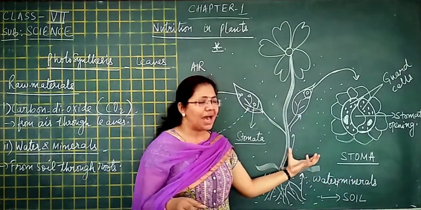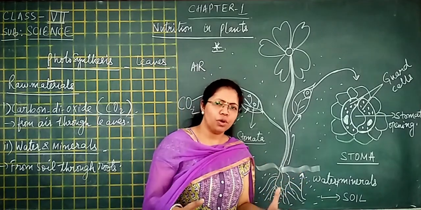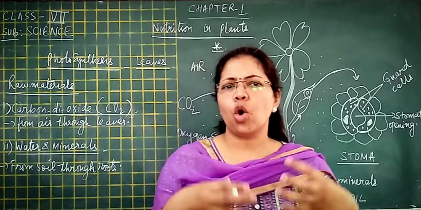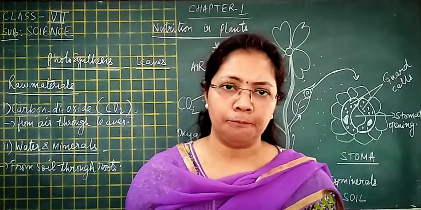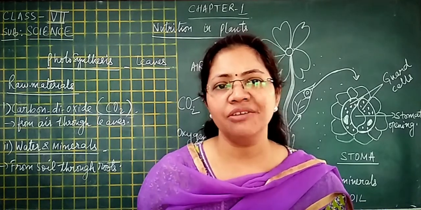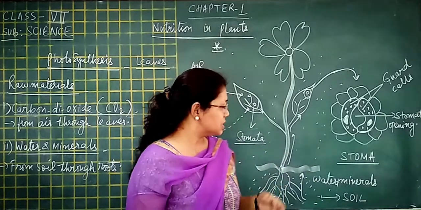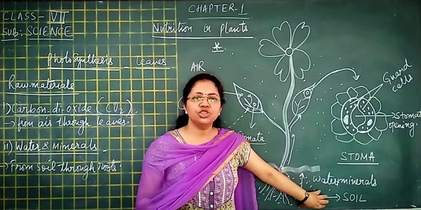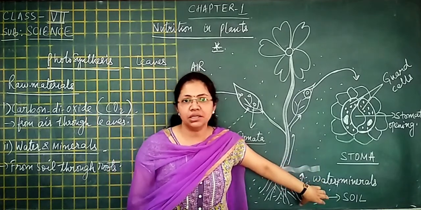So, when we provide water to the plant, have you ever wondered why we always water a plant at its root zone only? It is always suggested that whenever we are watering a plant, we should give water to the root zone area. It is because, students, soil is rich in minerals and roots of the plants are embedded in the soil.